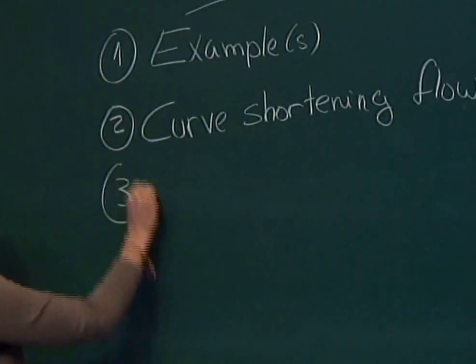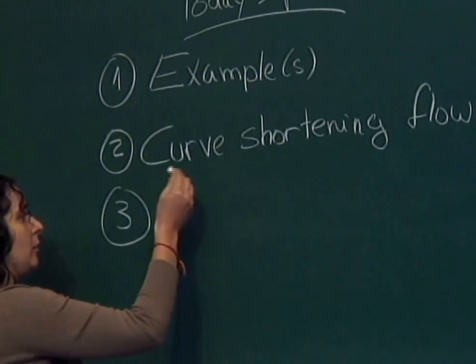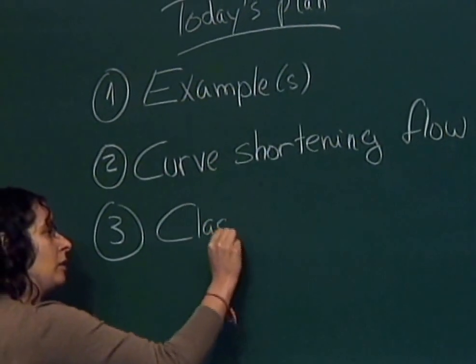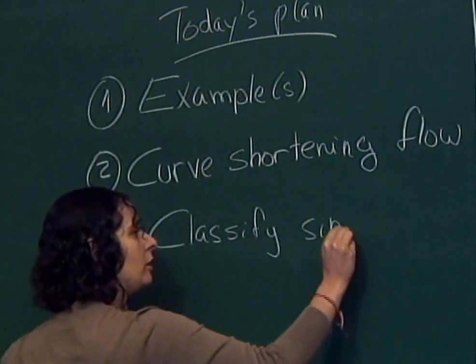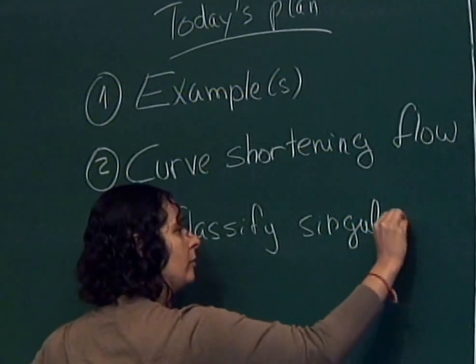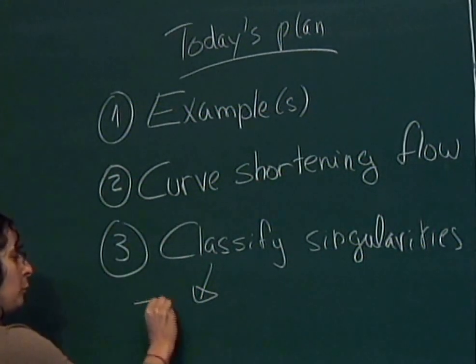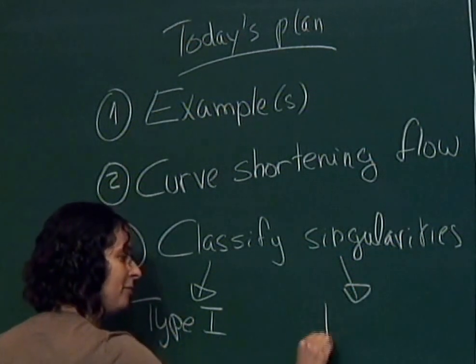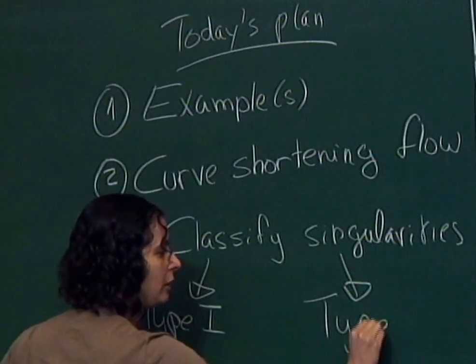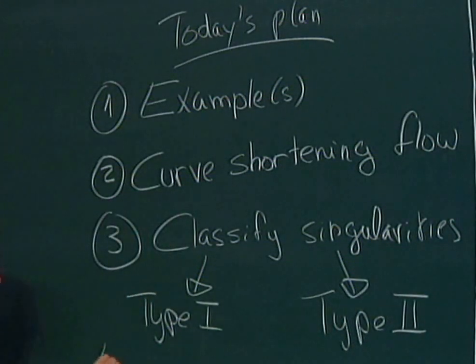And then I want to classify singularities in two types, type 1 and type 2. Not very creative names, I guess. It works. And last, I want to talk about how to continue the flow.